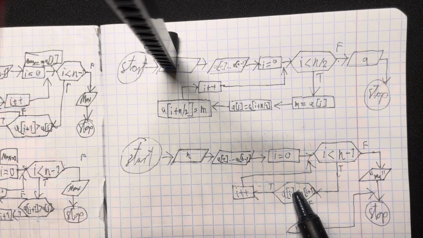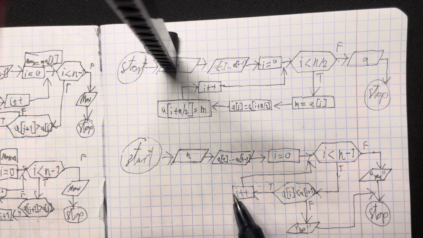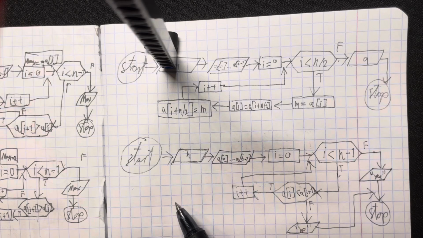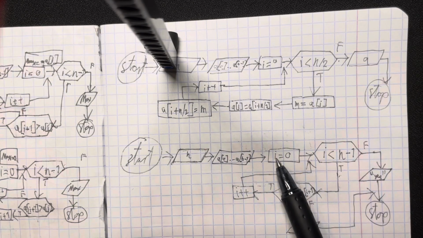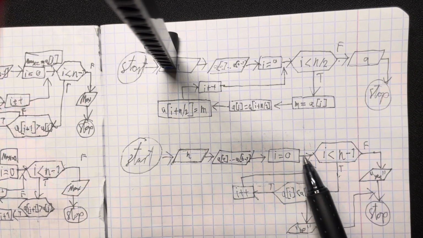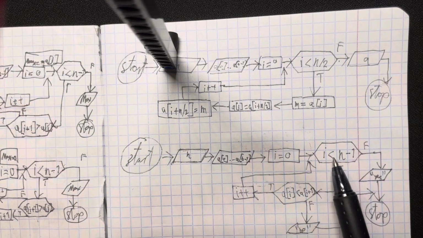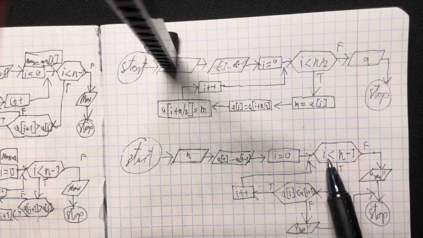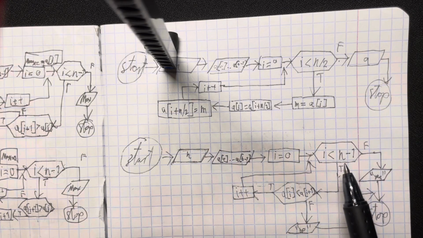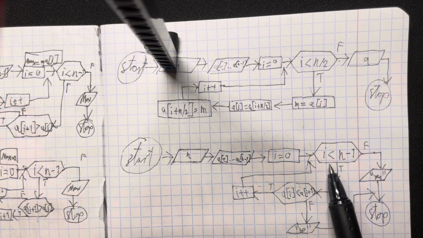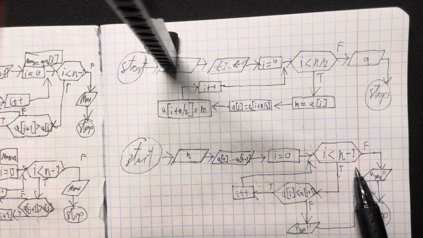If you would want to do descending, you can check from left to right, and so that way, in that case, you'd put I is n minus 1, and here checking that I is bigger than 0.